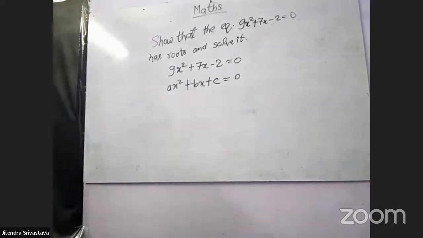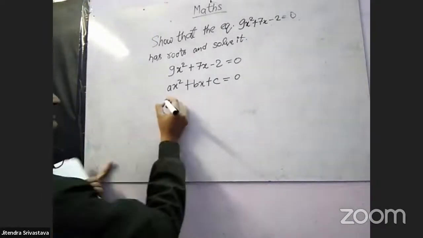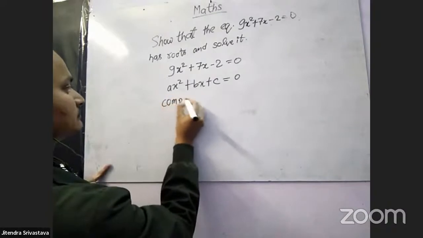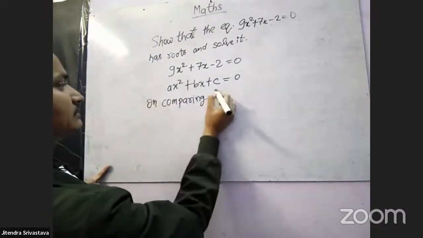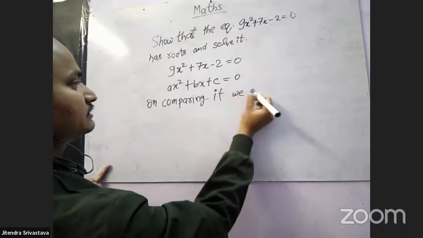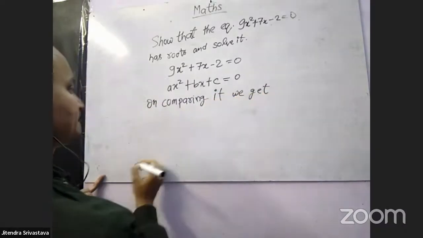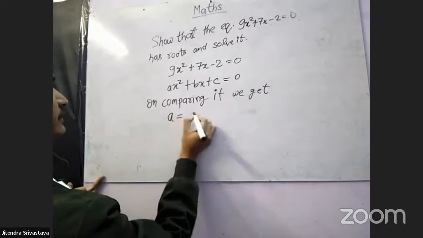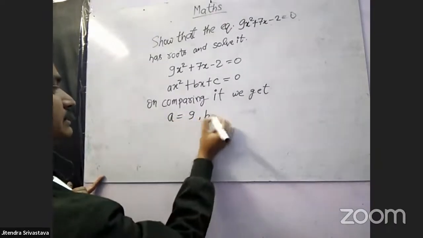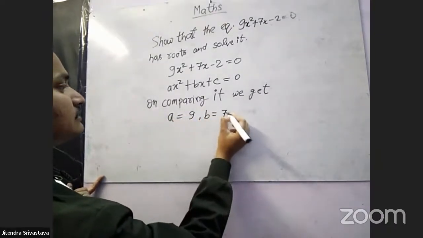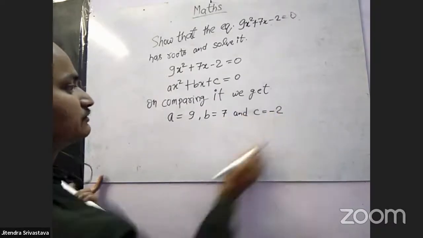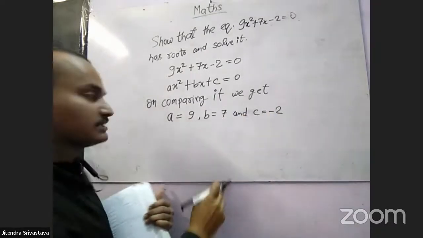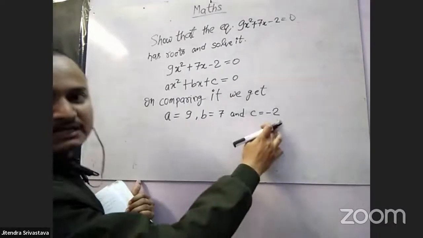On comparing it, we get a equals 9, b equals 7 and c equals minus 2. We are getting three numbers, 9, 7 and minus 2.